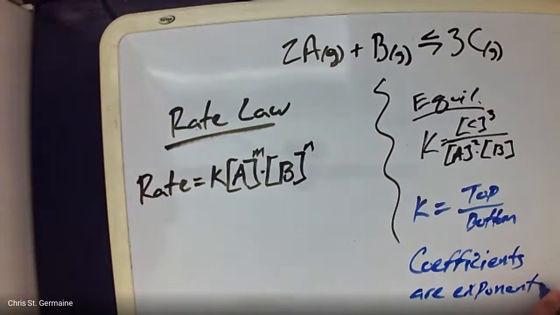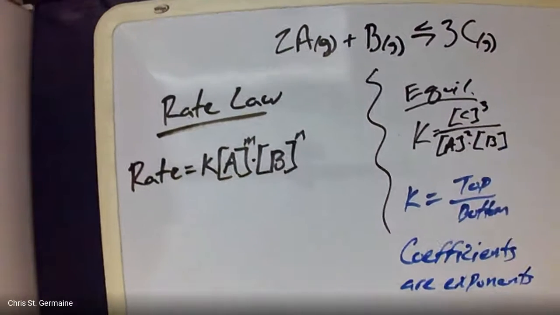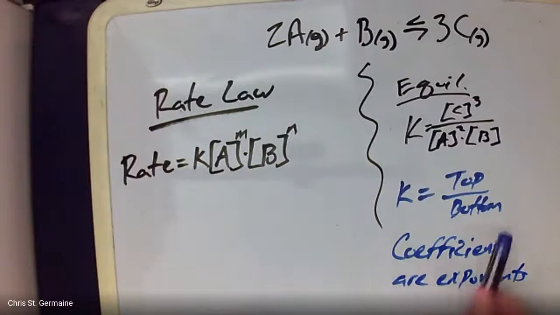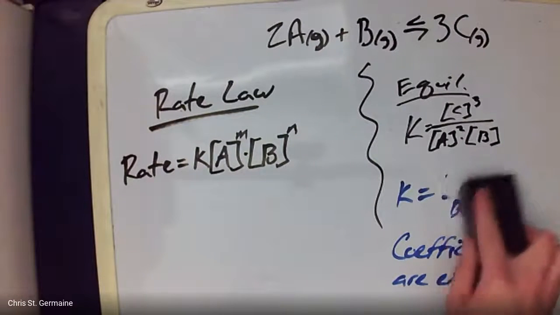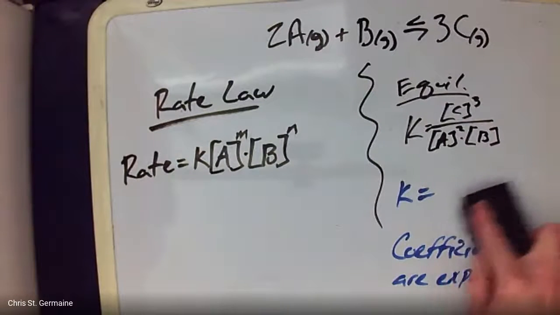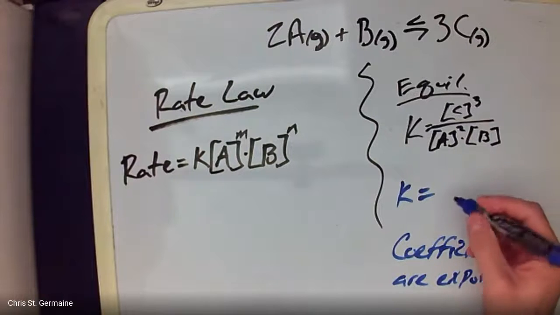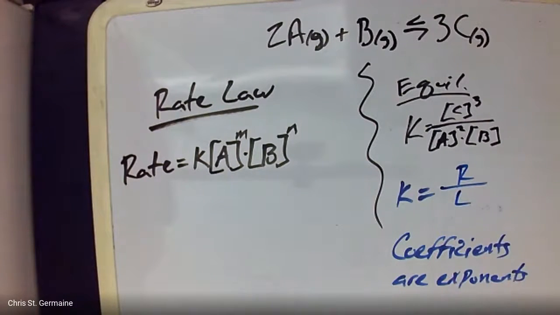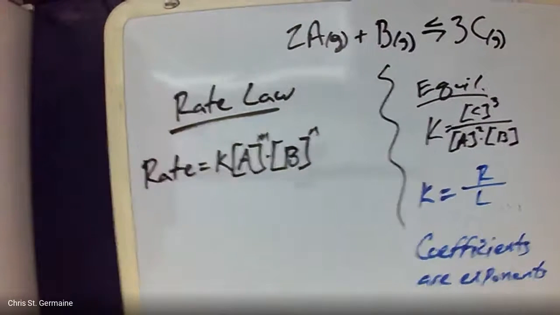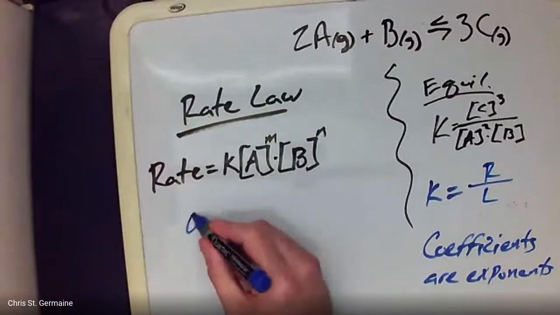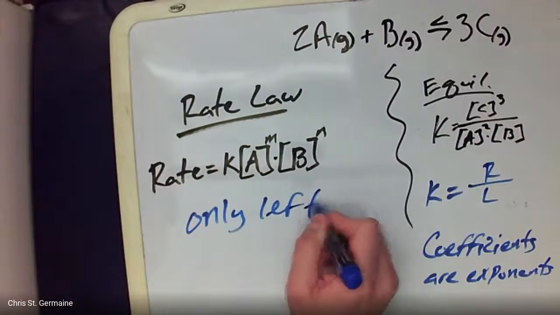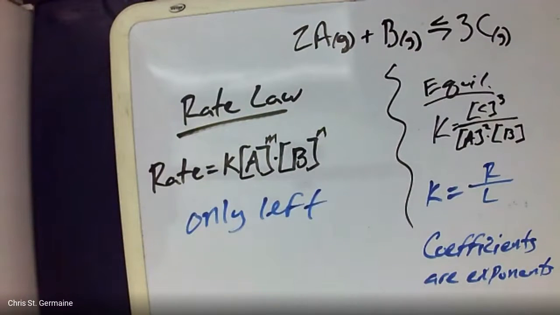That's how equilibrium worked. Well, rate law, it's top over bottom. Of course it's top over bottom, that's the definition of top and bottom. How about it's right over left? There we go. Whereas the rate law, it's only the left side. We don't care about the right side at all.